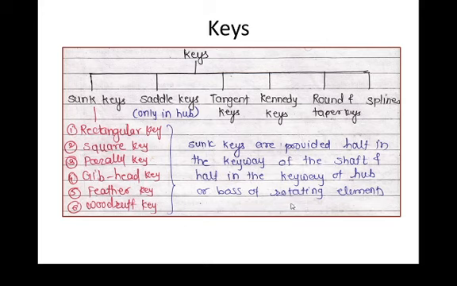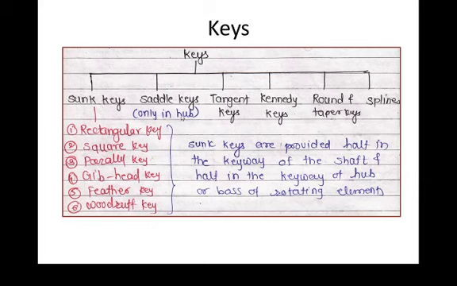So that it will be easy and it will avoid the reduction in the strength of only one part. The different types of sunk keys, where 50% will be in the hub and 50% in the shaft, are the rectangular key, square key, parallel key, gib head key, feather key, and woodruff key.